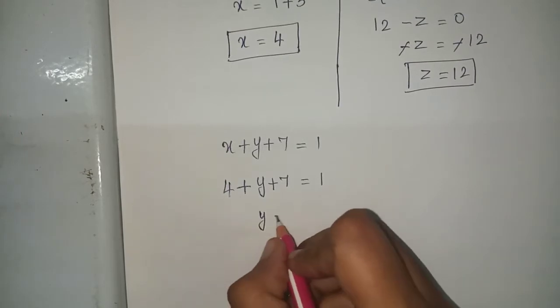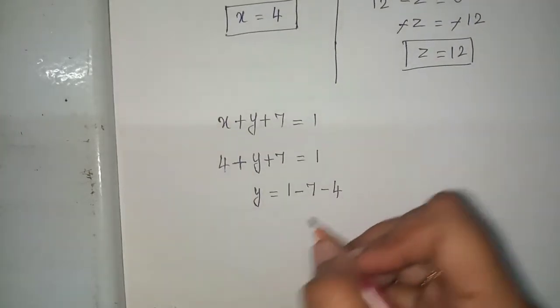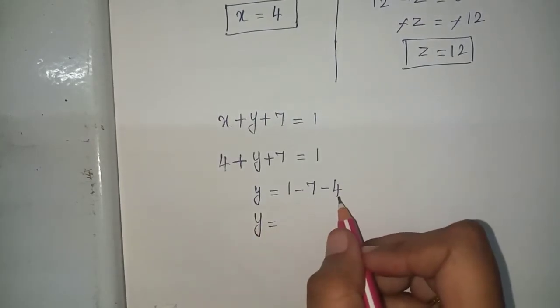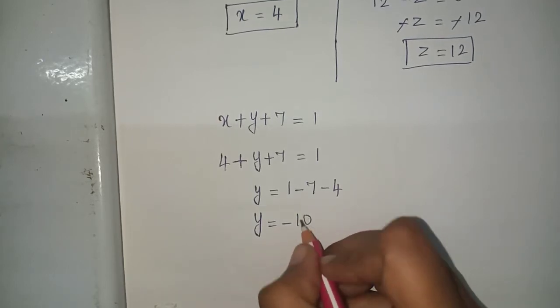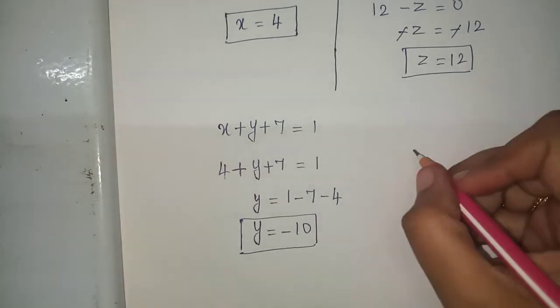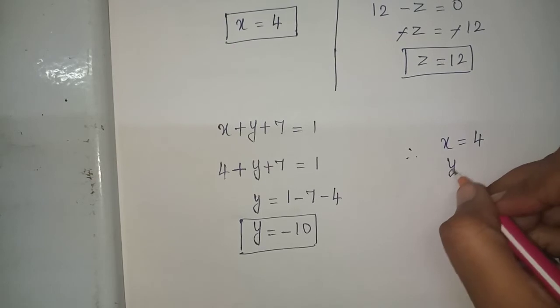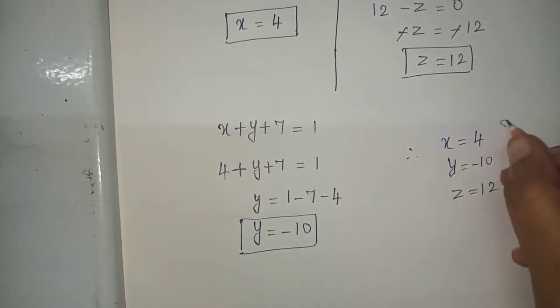So y is equal to 1 minus 7 minus 4. The value of y is equal to minus 7 minus 4 is minus 11, plus 1 is minus 10. So the value of y is equal to minus 10. Therefore we found x is equal to 4, y is equal to minus 10 and z is equal to 12.